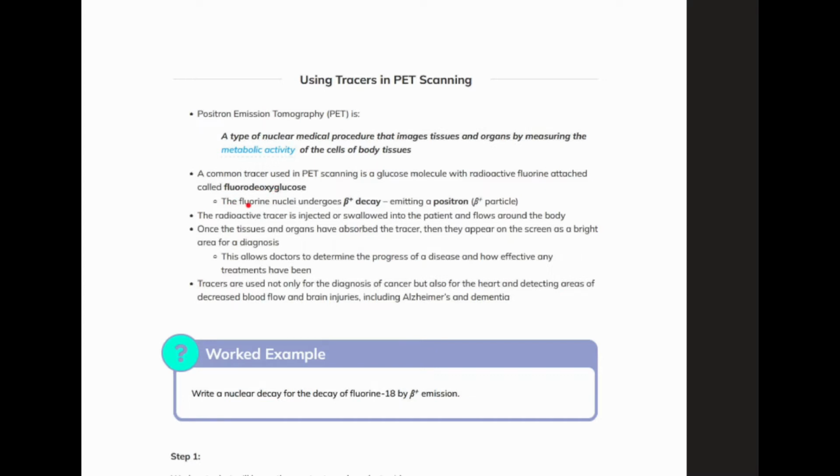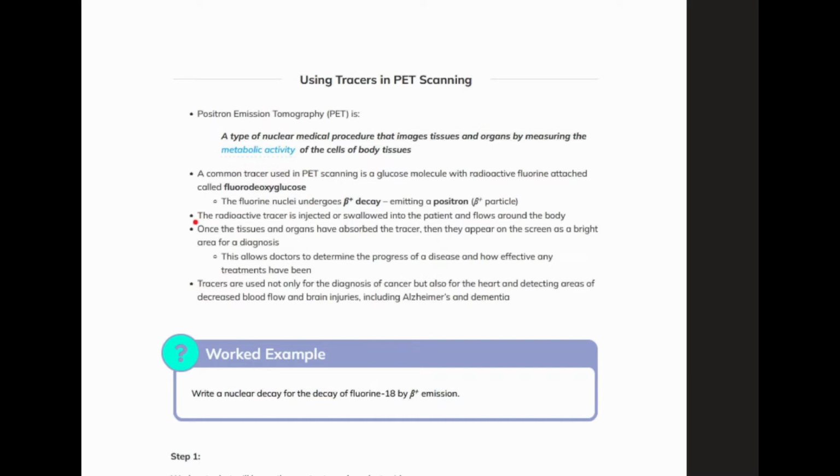The fluorine nuclei undergo beta positive decay, emitting a positron, a beta positive particle. Recall that the radioactive fluorine-18 that we use is radioactive, and because of that there are emissions of beta positive particles.